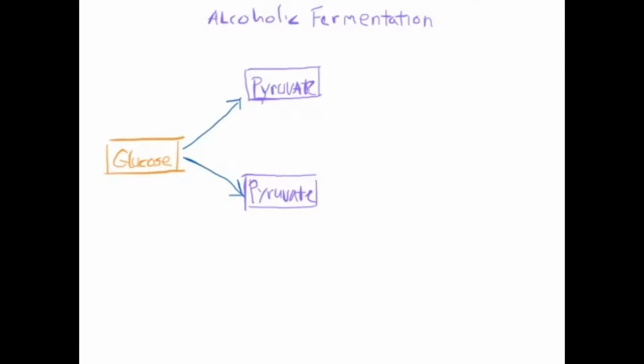Let's take a look at the process of alcoholic fermentation. As you know, it begins with a molecule of glucose. Chemical reactions cause the glucose molecule to split into two. This results in two molecules of pyruvate, as you can see.